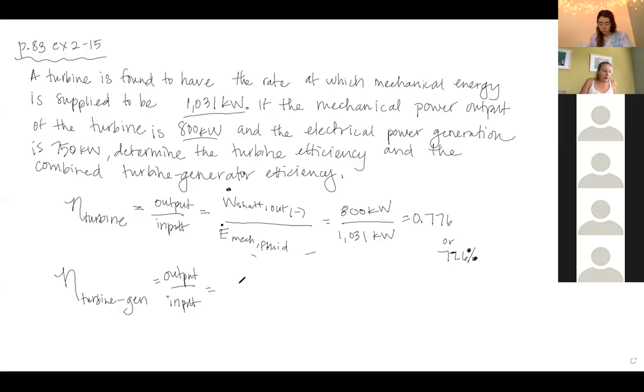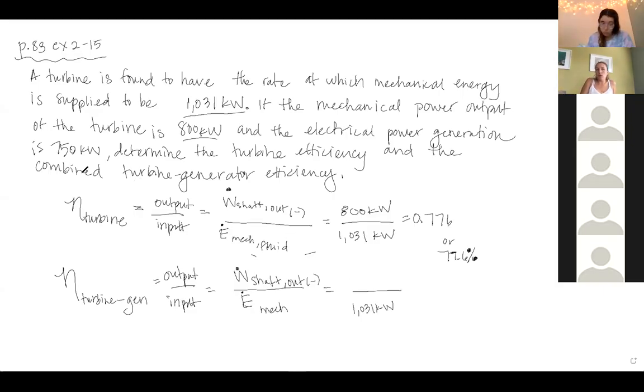So for here, our output of the system is still going to be our shaft work that's done by the turbine generator. This is technically negative, but it doesn't really matter for efficiency. And then we're going to have that same energy over time component for our mechanical system, and we are going to be plugging in the same value for our total energy supplied.